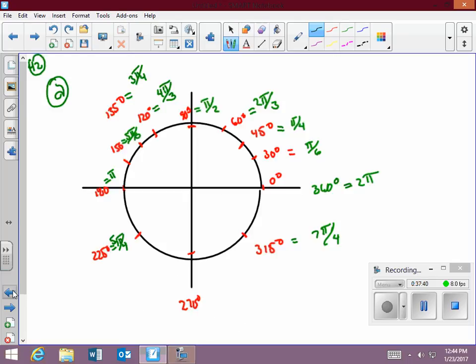And if you look at it, if you come up to pi over 3, you know, I wrote that wrong. I wrote this wrong. This is pi over 3.